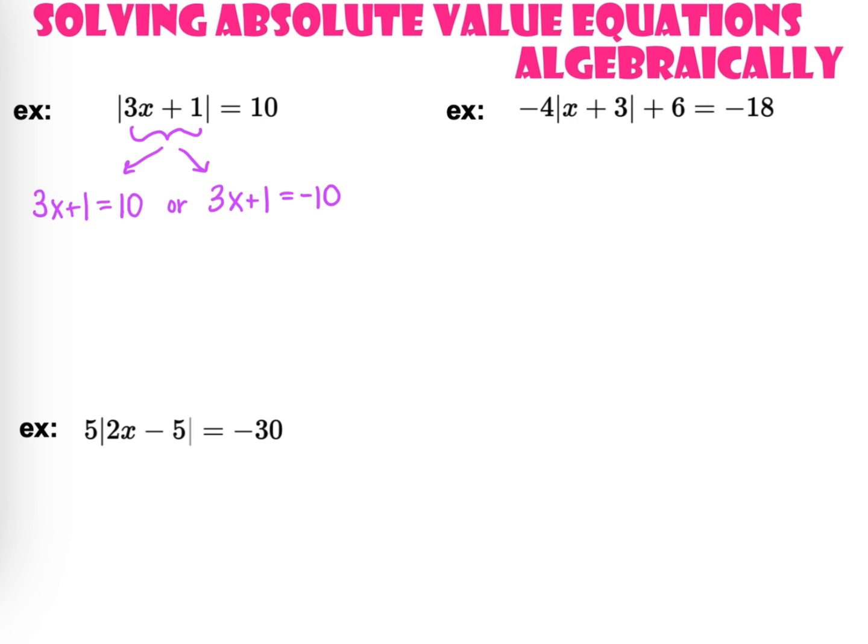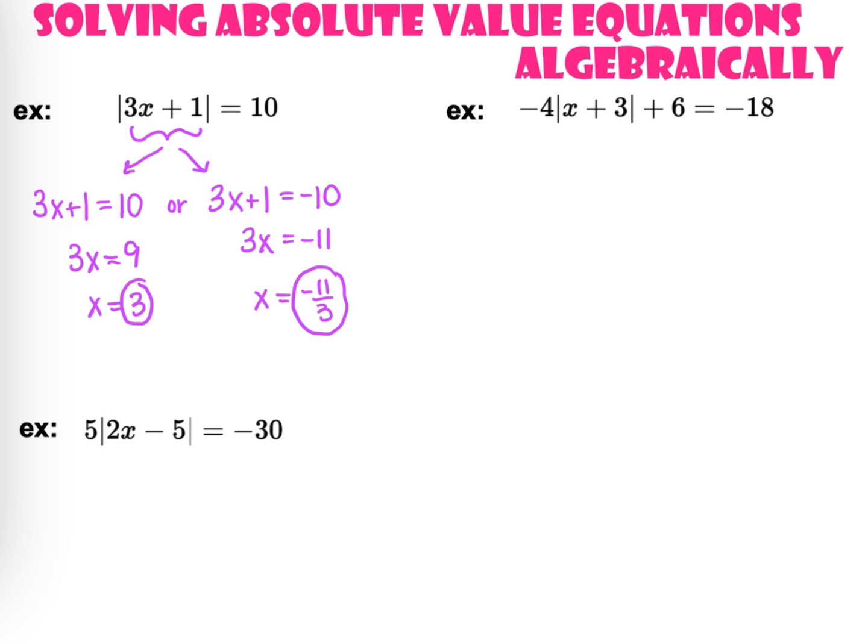Here's how we're going to get our two answers. Remember on the graph in the last lesson, these often had two solutions. So we're going to be seeing that again. Two solutions. You can count on that for pretty much every problem.